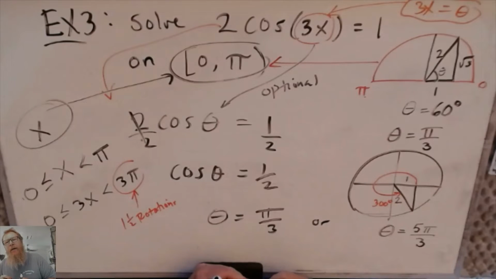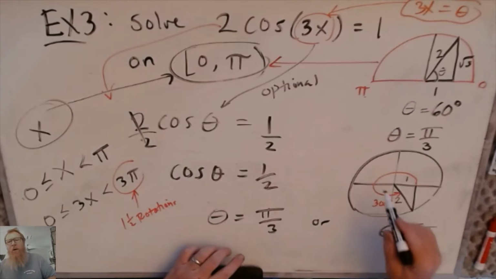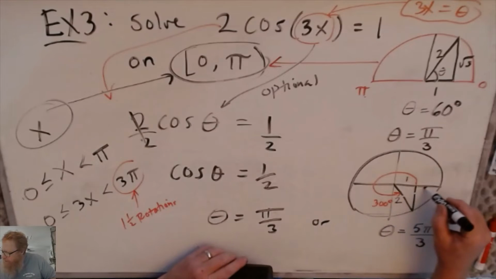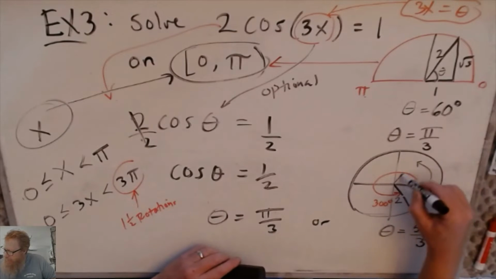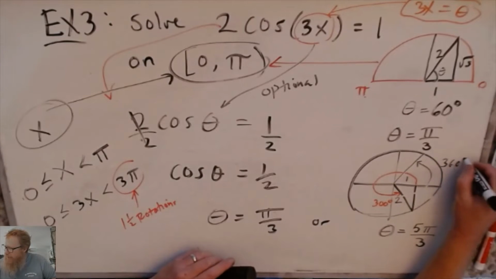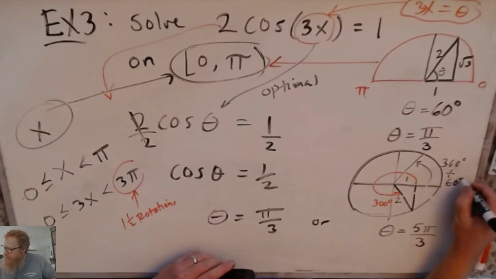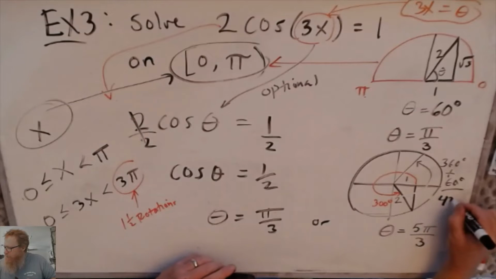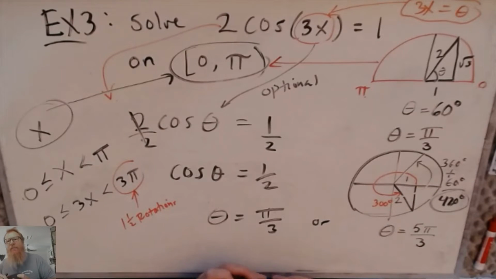Okay. Or there's one more. I could go all the way around 360 plus an additional 60 to get 420 degrees.